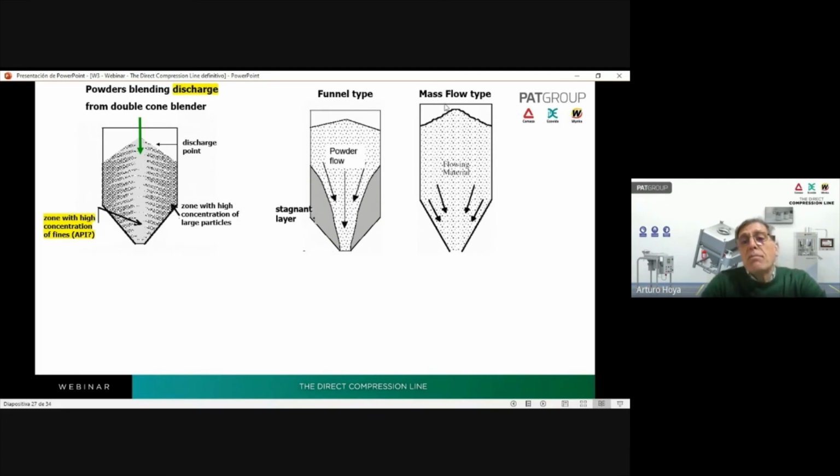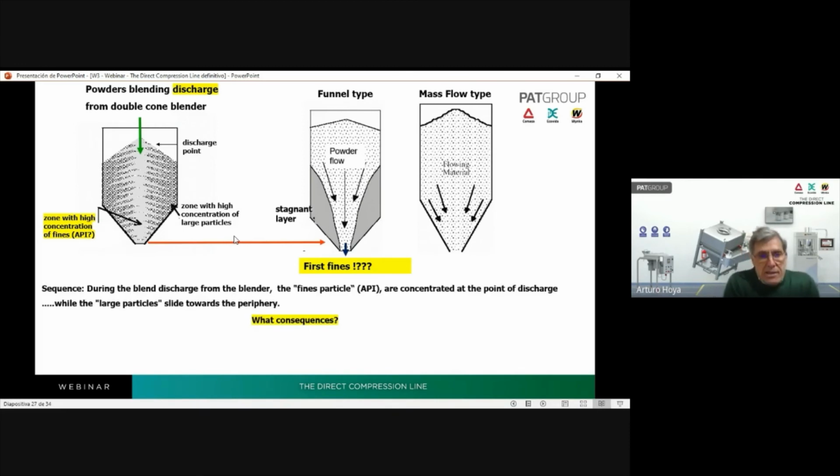Different is the case of the mass flow type, where the flow lines are from all the geometries. Well, what happens if this distribution, produced post blending when we discharge the powder from the double cone to the container, is put over the hopper of the tableting machine? Well, look at this. The fines will deliver first.